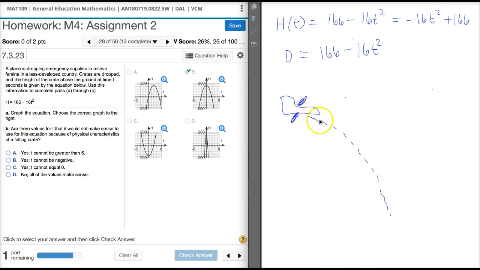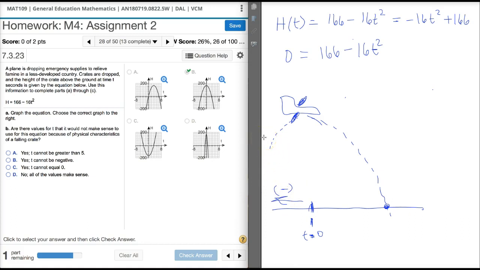And of course, we're not going to start counting the height of whatever it is that we're throwing out of the airplane until we actually throw it out. So when we start throwing it out, that's going to be at time t = 0. And then of course, whenever it hits the ground, we know there'll be another time greater than 0. So here, if we talk about a parabola, any time that is negative here does not make sense in this problem.